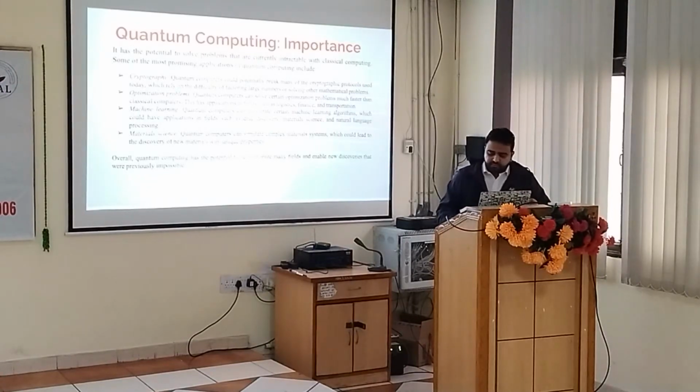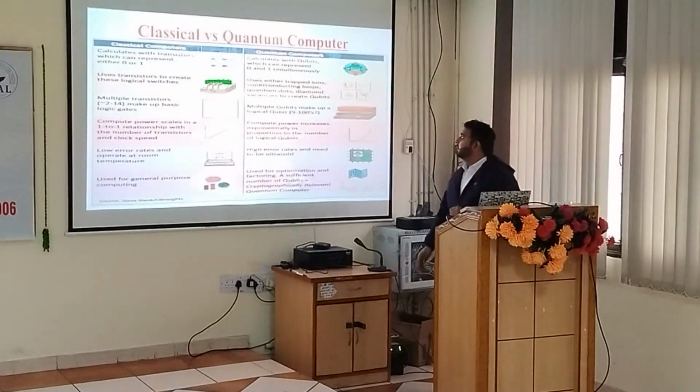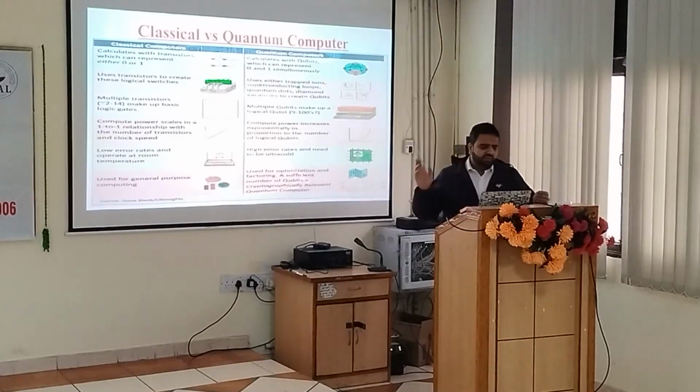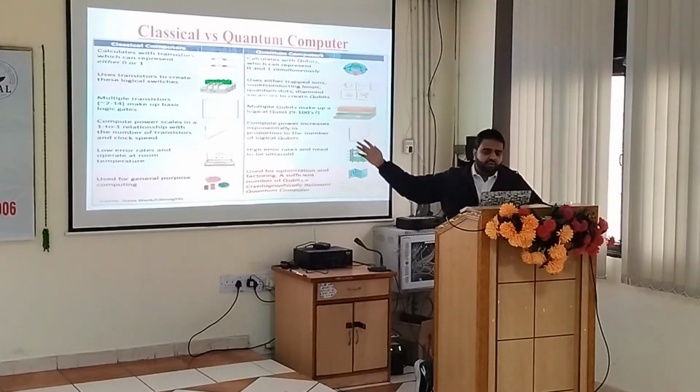Now, talking about the difference between classical and quantum computers. I have tried to gather some points comparing both systems here, and I'll go one by one. Classical computers are based on transistors and can represent either 0 or 1, right? On the other hand, we have qubits, which can be 0 and 1 simultaneously.